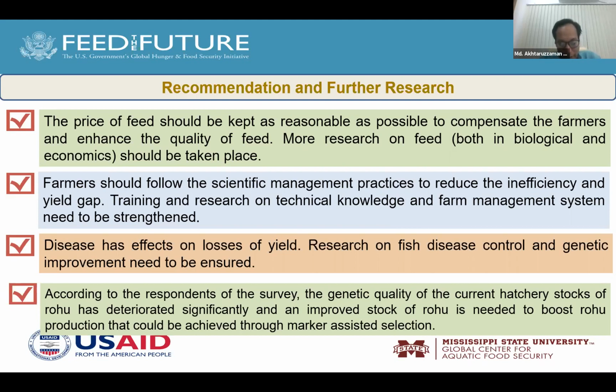Also, I would like to add 2 more recommendations here. Research on fish quality and safety is important, as we observed in our field survey, and research on how youth can participate in the aquaculture farming system needs to be investigated.